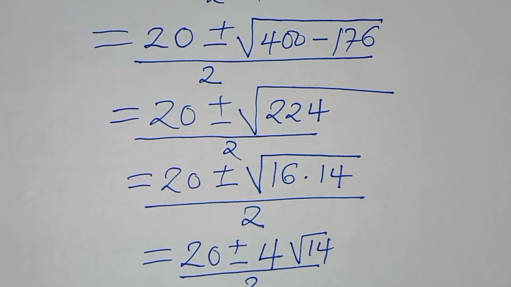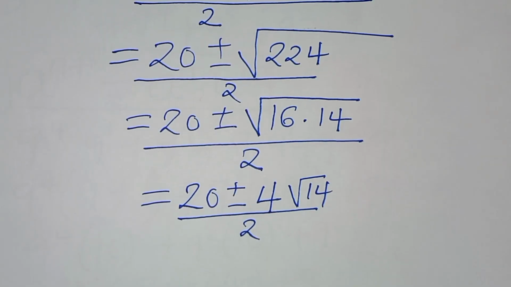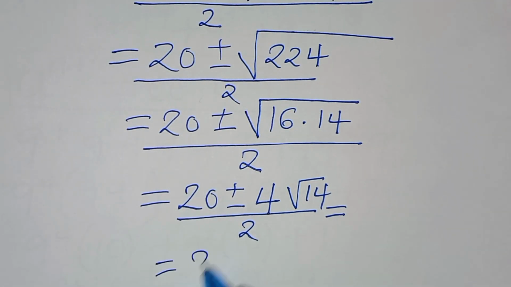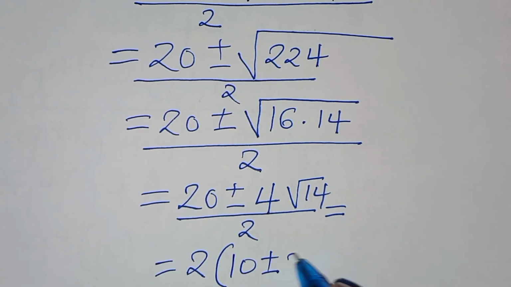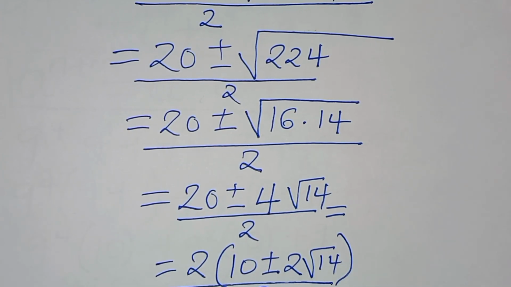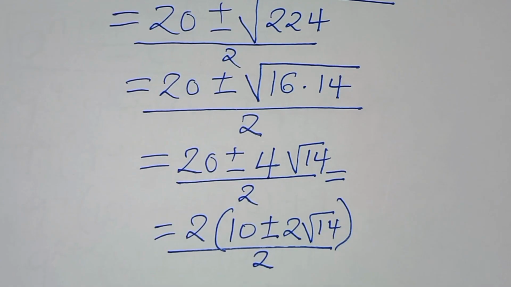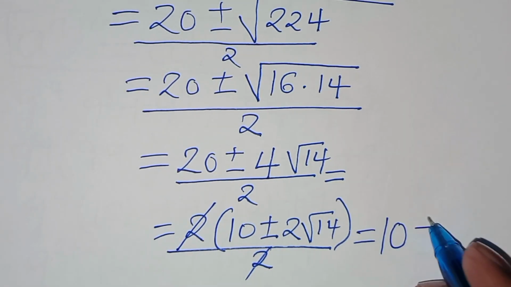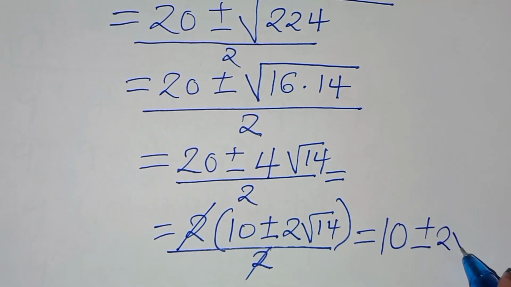The next step here, we can factor out 2 here. Then inside the bracket you will have 10 plus or minus 2 square root of 14, everything here divided by 2. And this implies that here we have 10 plus or minus 2 square root of 14.